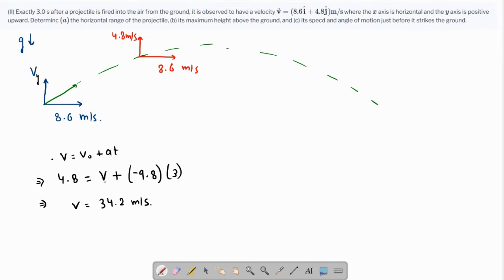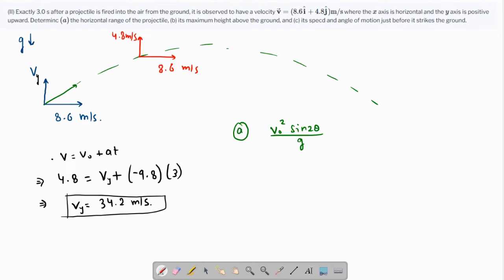This is the initial vertical velocity of the projectile, and in part A we are interested in the horizontal range. Horizontal range is given by v naught square sine 2 theta over g.